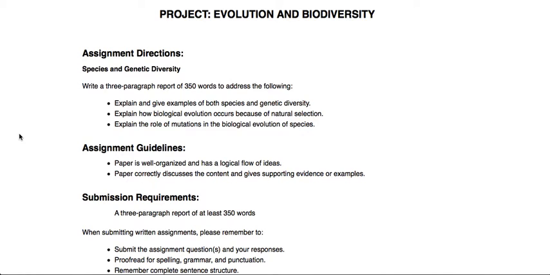Talking about the diversity of species through genetic diversity, explaining evolution as it occurs because of natural selection, and then talking about the role of mutations in evolution. Those are the three fundamental questions, and they can each be addressed in about a paragraph.